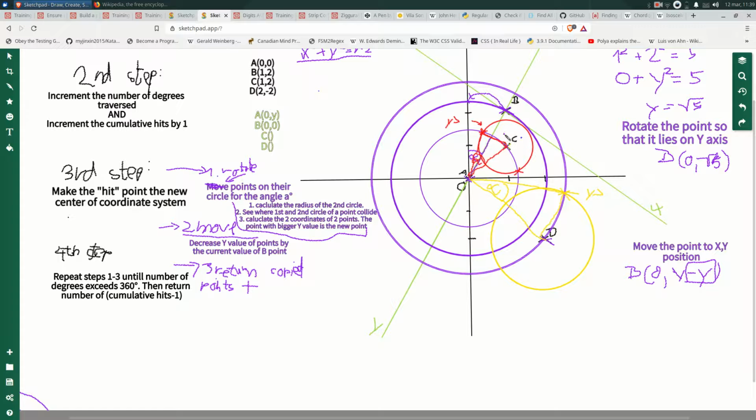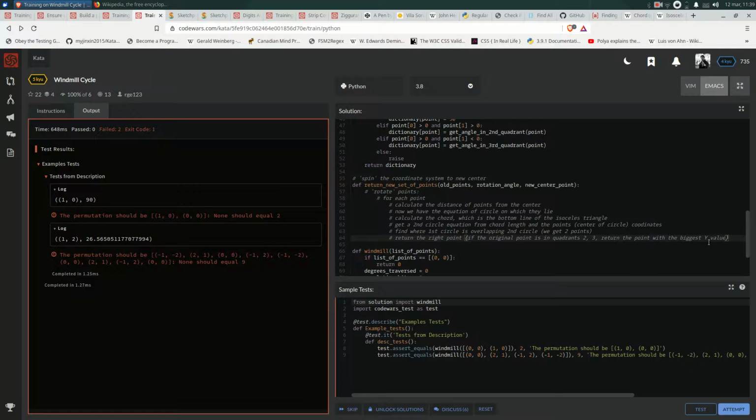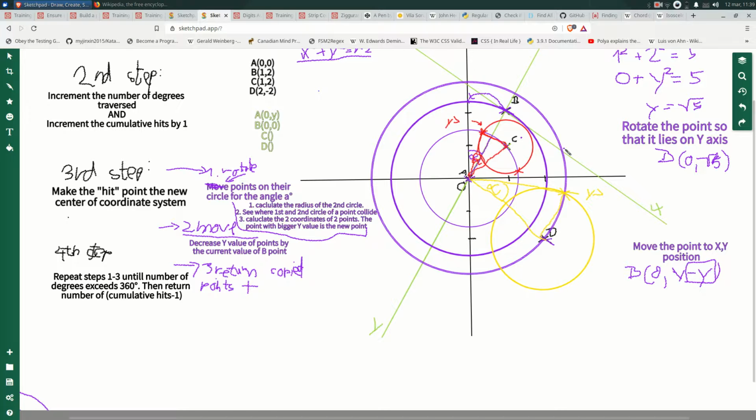We find the one with the lowest y value. Is that right? Yeah.